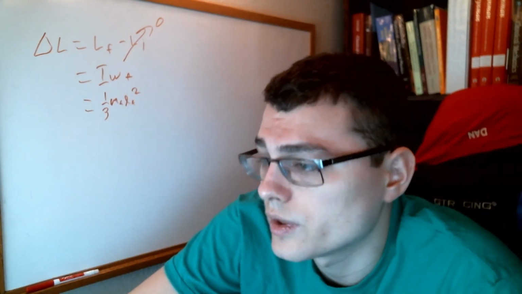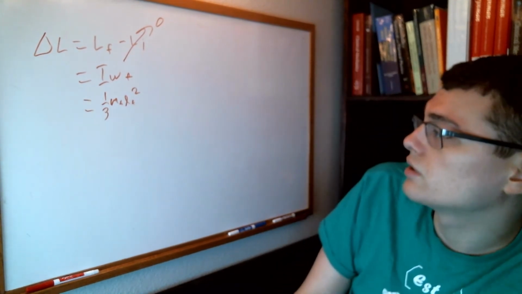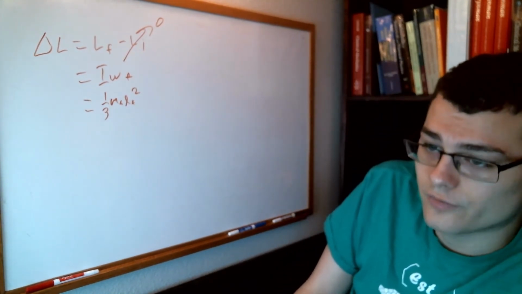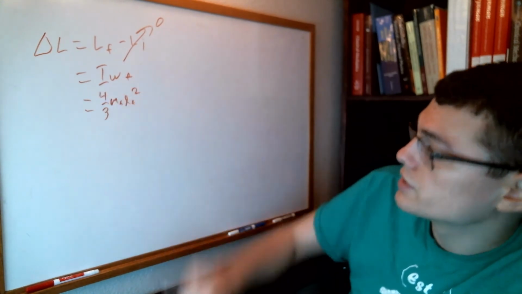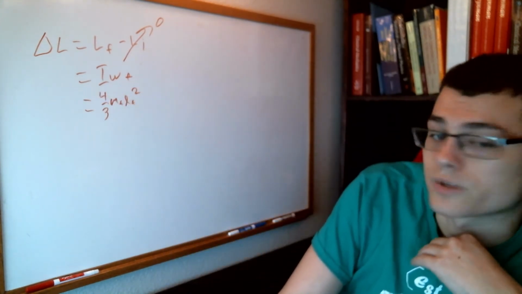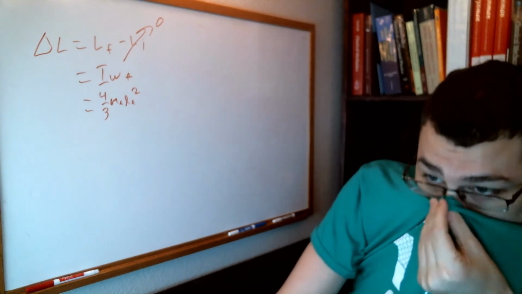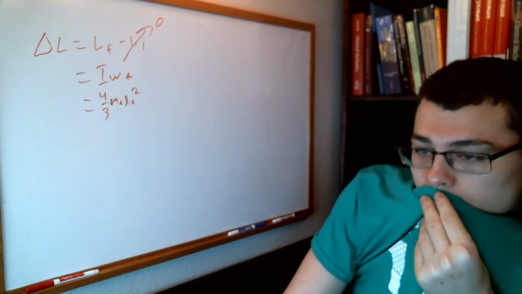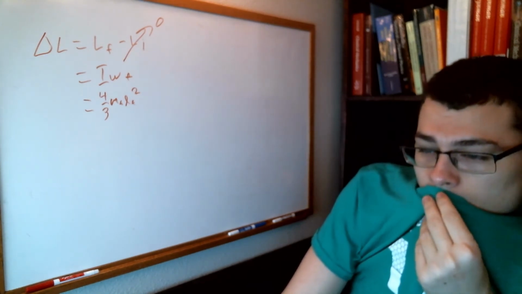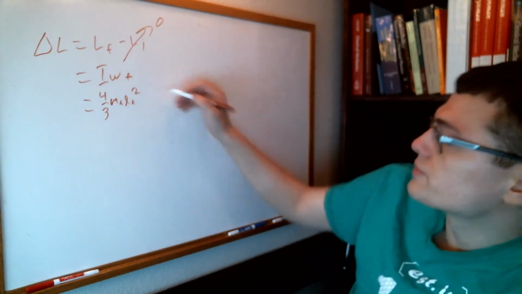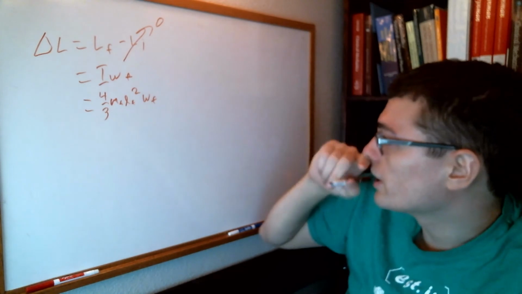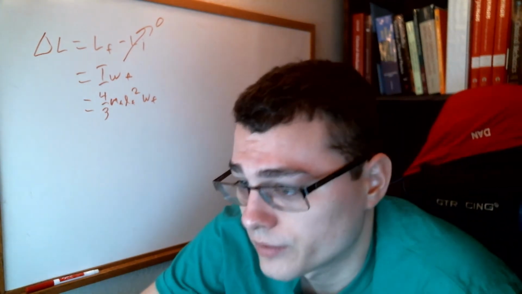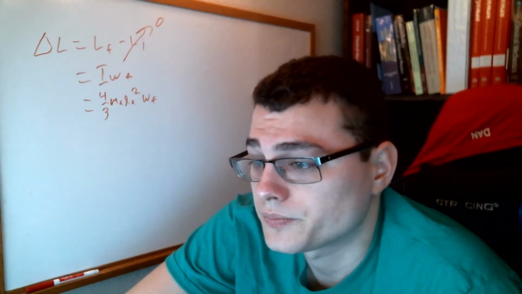Since there are four different blades, the total is going to be 4 times that. Okay, sorry. All right, moving on. And then we just multiply that by omega f, and that will yield our answer.